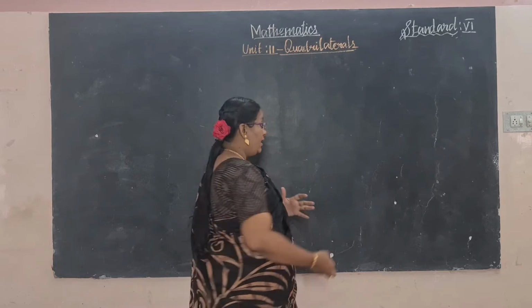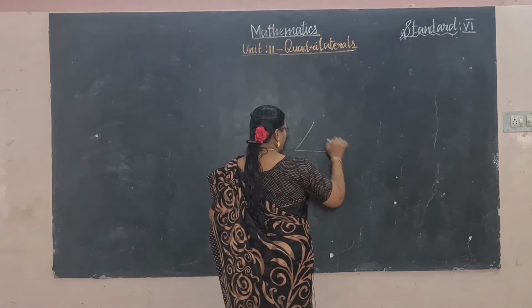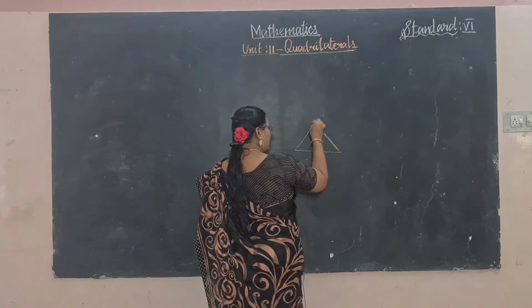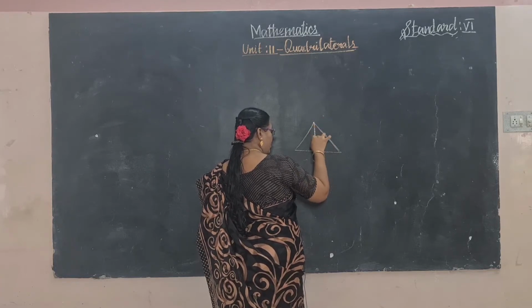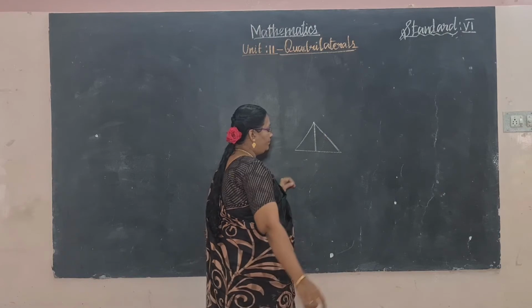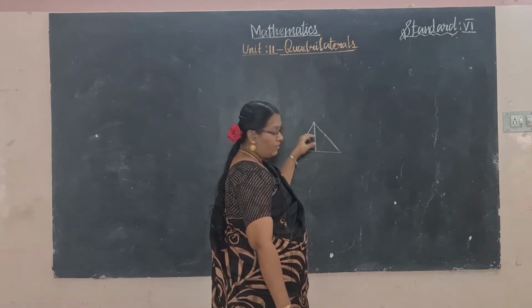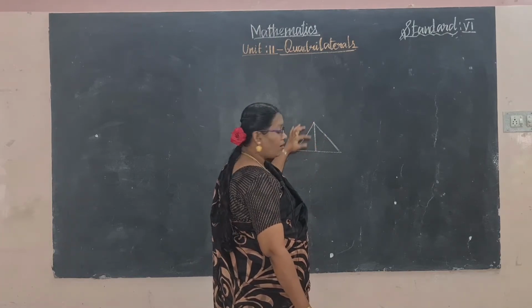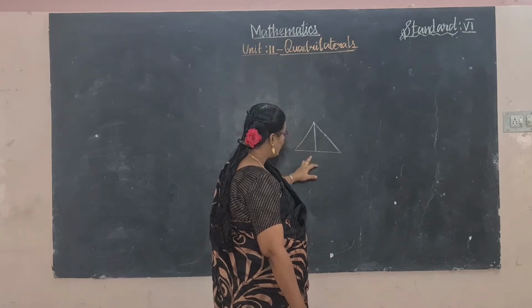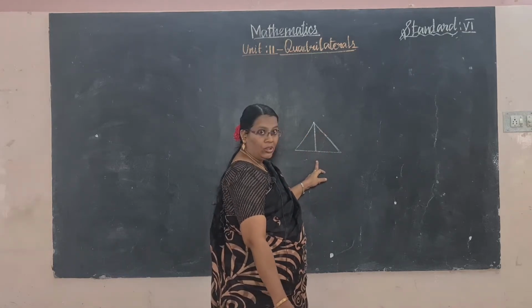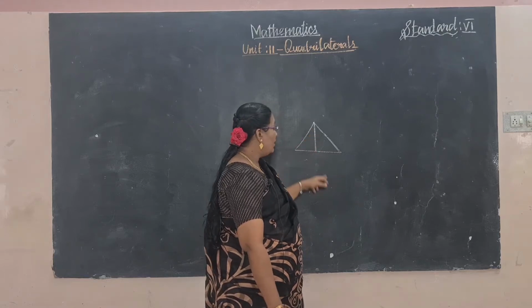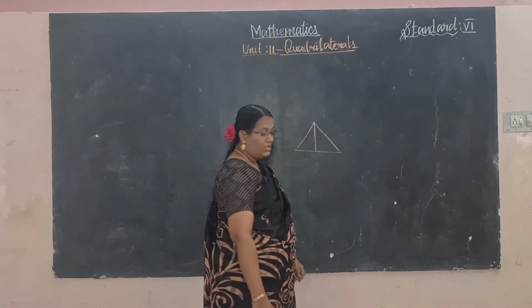Height of the triangle. For example, we have considered this triangle. The line drawn from the vertex to the opposite side of the line segment makes a perpendicular. That is called the altitude of the triangle.